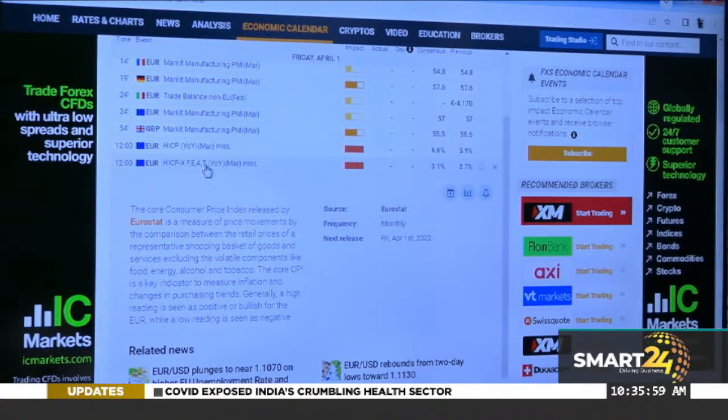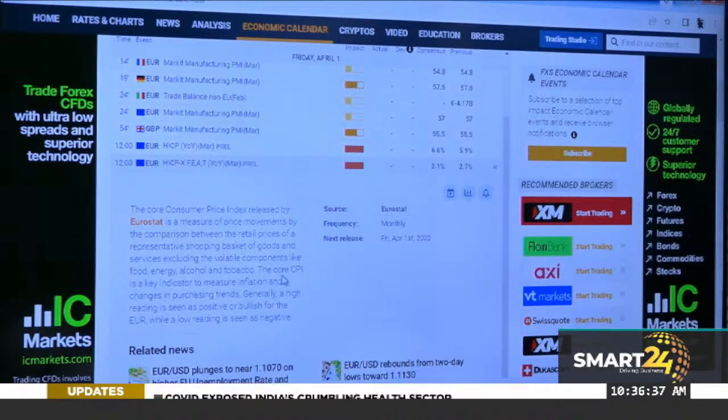We already know that that is a harmonized index of consumer prices. Then, okay, so let me just read this one out so that it makes a little bit more sense. So the core consumer price index released by Eurostat is a measure of price movements by the comparison between the retail prices of a representative shopping basket of goods and services, excluding the volatile components like food, energy, alcohol, and tobacco.